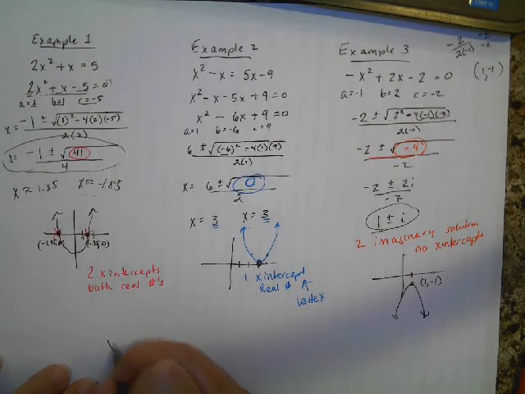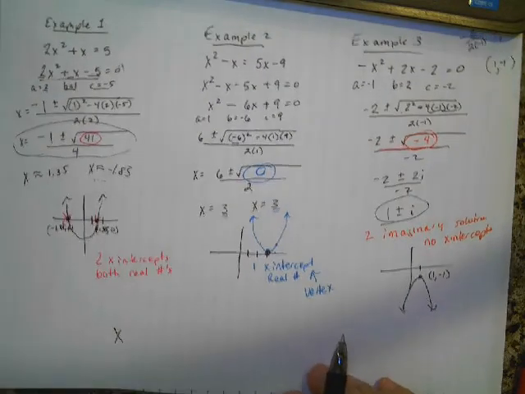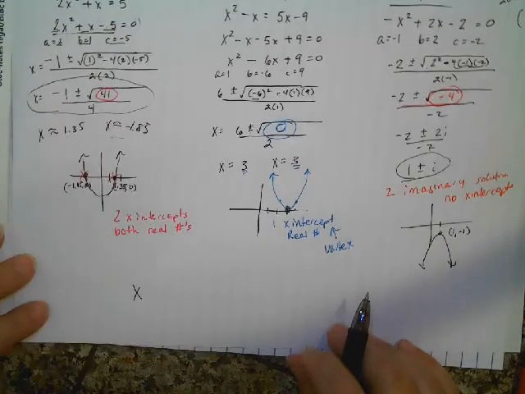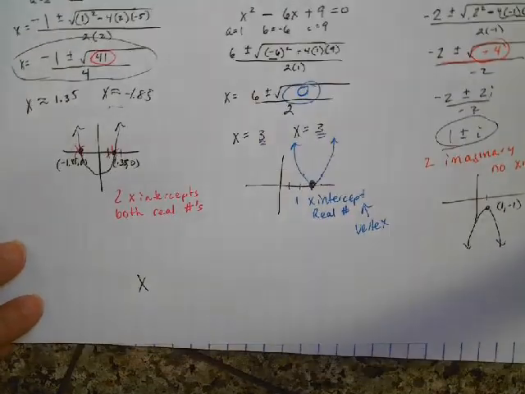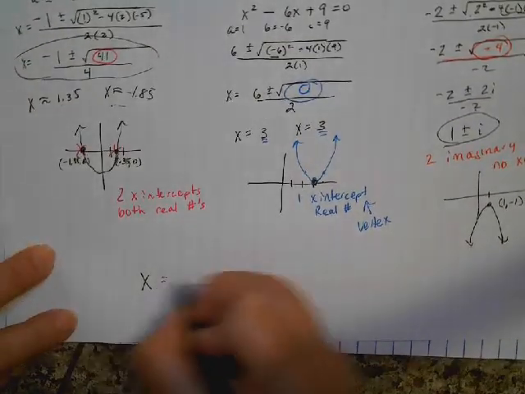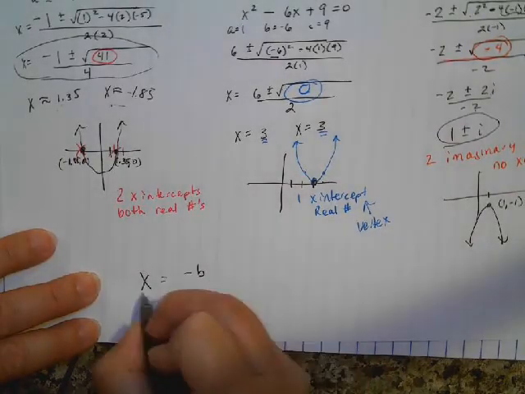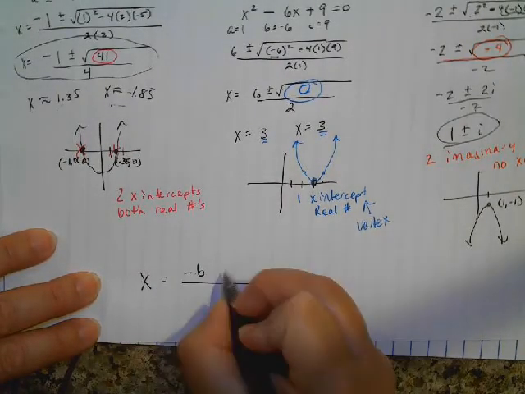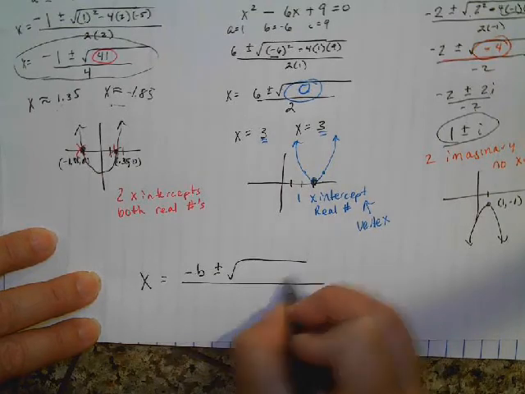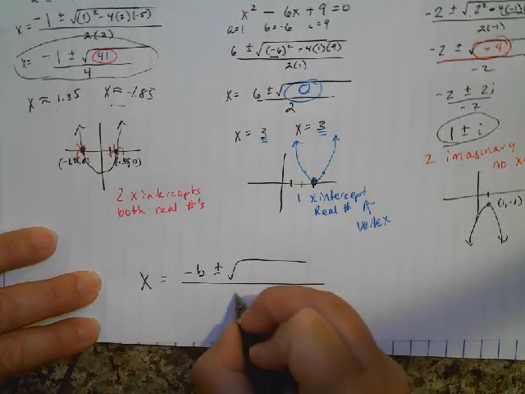When I have the quadratic formula, I'm going to go ahead and blow this up again here so you can follow along. So when I have the quadratic formula, it says x equals the opposite of b, plus or minus the square root. Now I'm going to leave this blank over 2a.